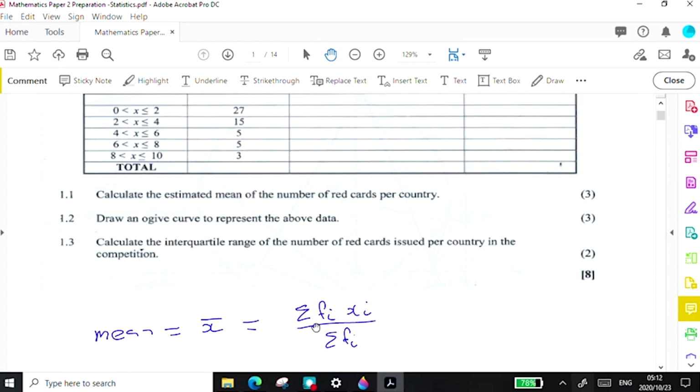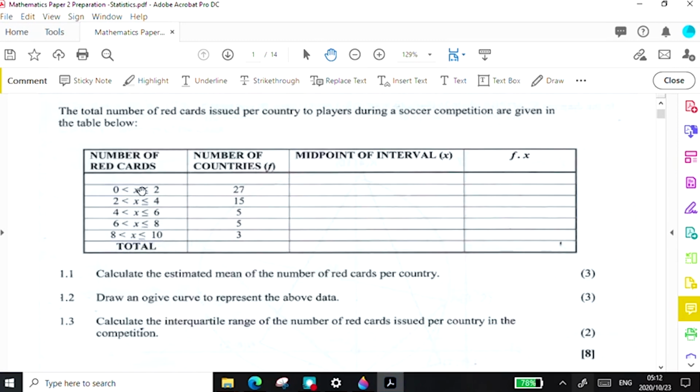So we need to find the sum of the product of fi times xi. Before that, we need to find the xi, which are the midpoints of the interval.